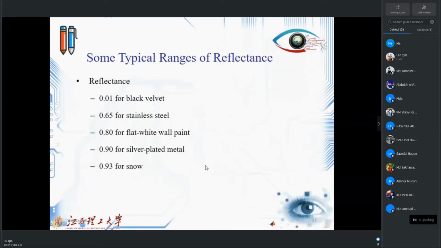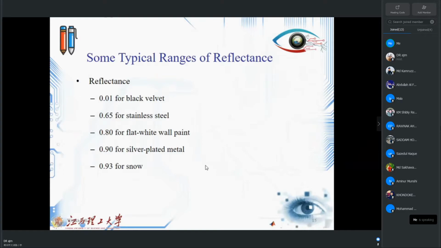Let's have some values for reflectance. You will see that reflectance is 0.01 for black, for stainless steel the reflection is 0.65, for the wall it's 0.80, for silver-plated metal it's 0.90, and for snow it's 0.93.